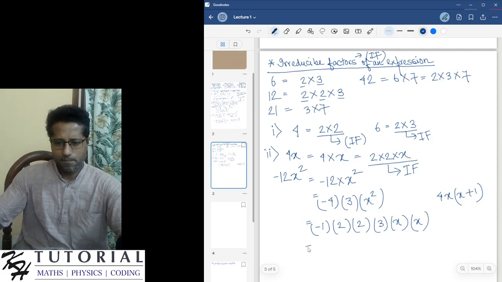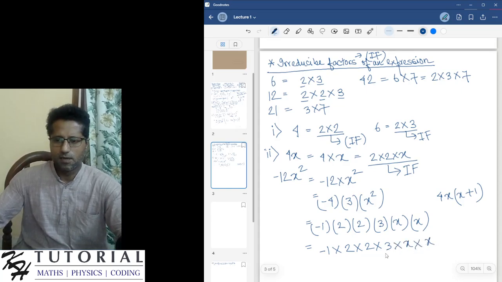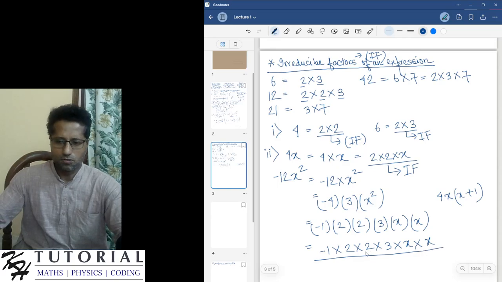Now you can consider this as minus 1 multiplied by 2 multiplied by 2 multiplied by 3 multiplied by x multiplied by x. Now this is an irreducible factor.